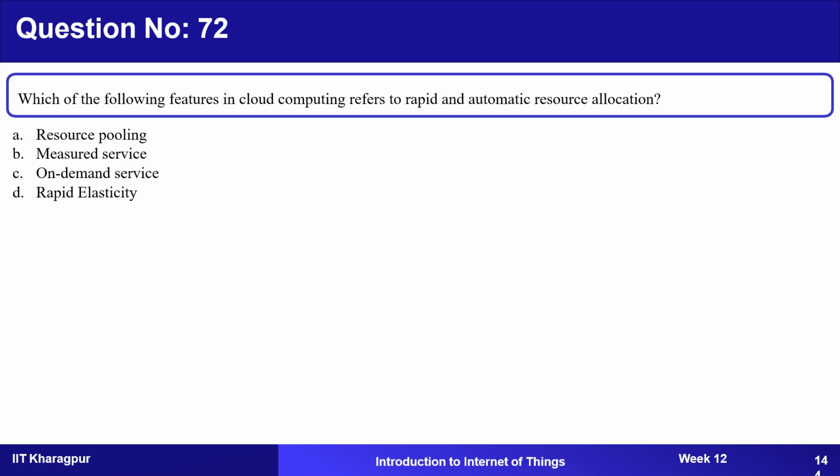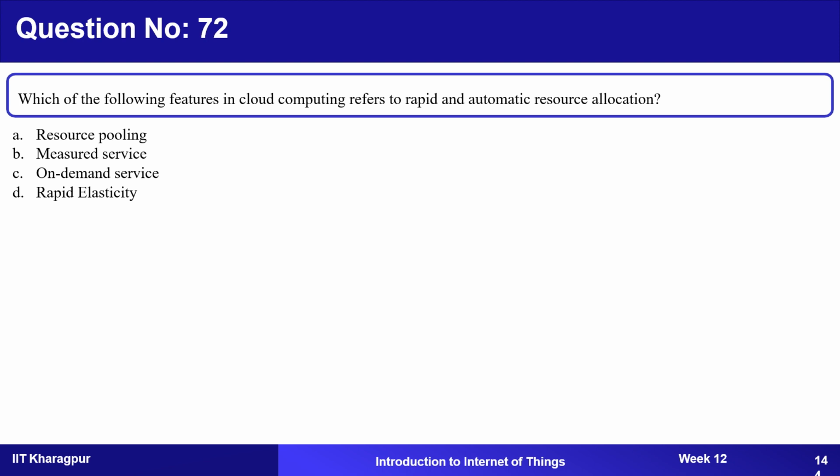Next question: which of the following features in cloud computing refers to rapid and automatic resource allocation? Options are resource pooling, measured service, on-demand service, rapid elasticity. On-demand service, okay.